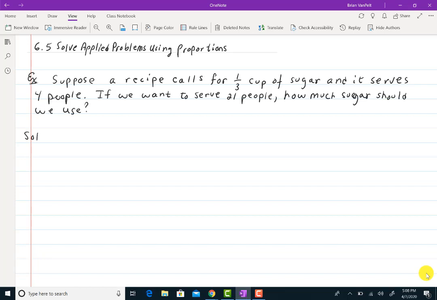Well, to solve this, I'm going to use a proportion ultimately, but what I want you to see first of all is the following. We have, for 4 people, we require 1/3 cup of sugar.